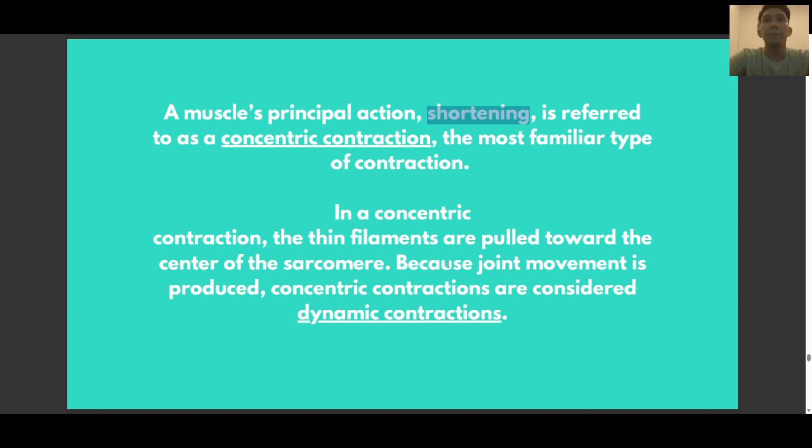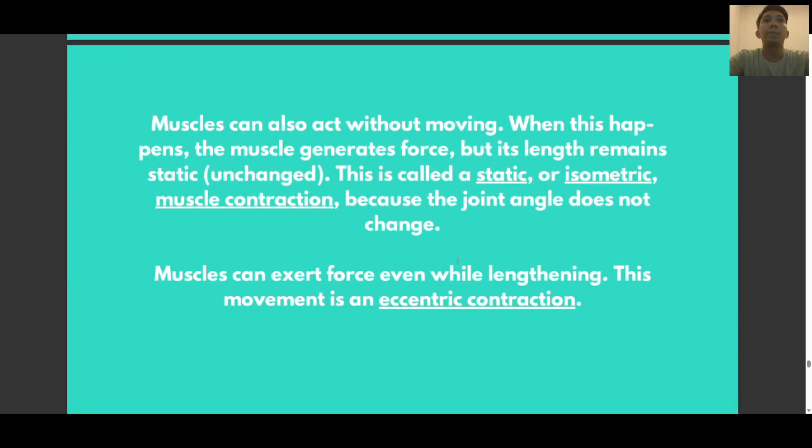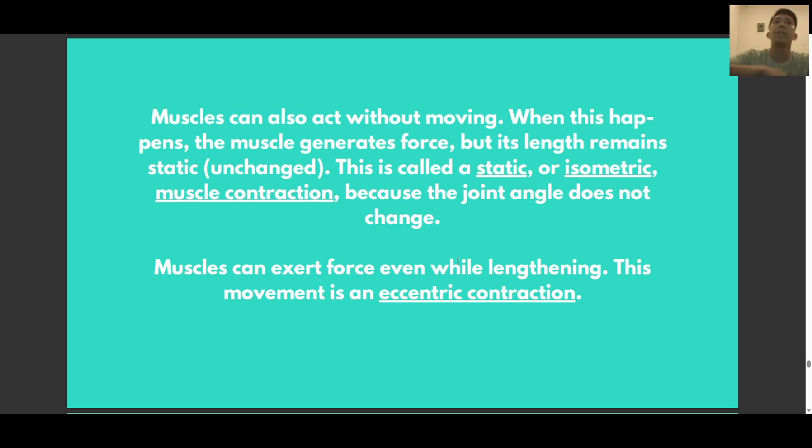So in a concentric contraction, the thin filaments are pulled toward the center of the sarcomere because joint movement is produced. Concentric contraction is considered a dynamic contraction. Just like what I said, when the muscles act without moving, we call it static or isometric muscle contraction.